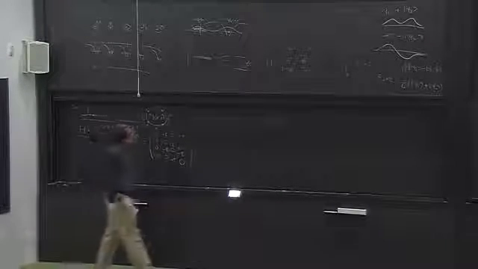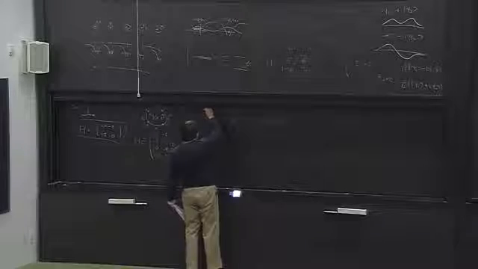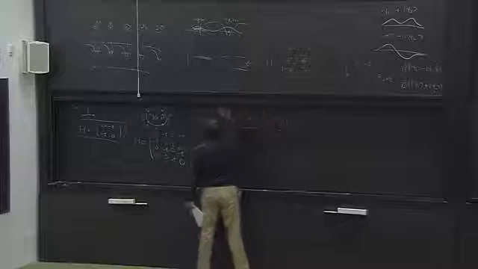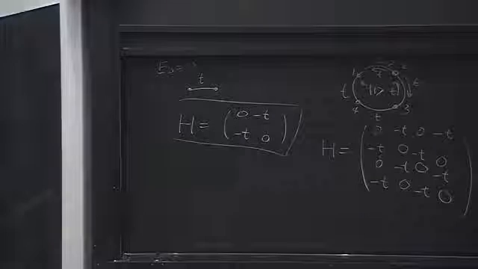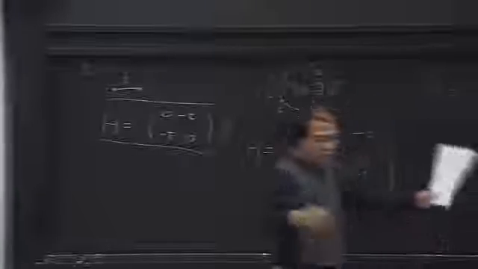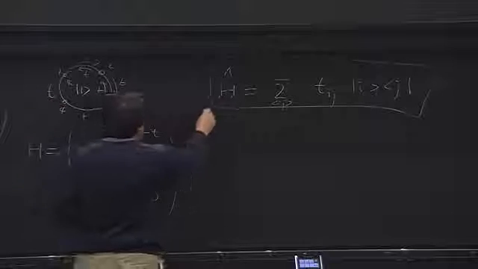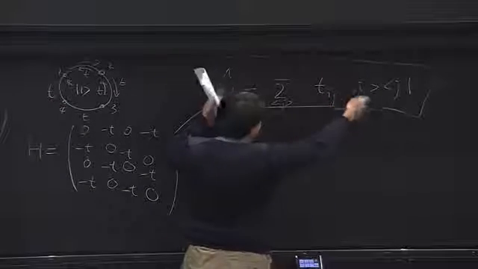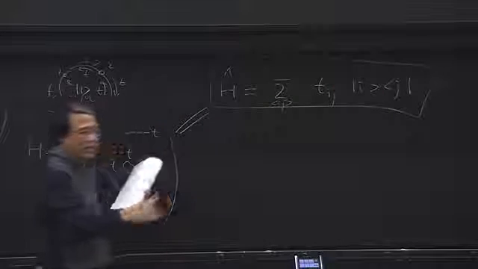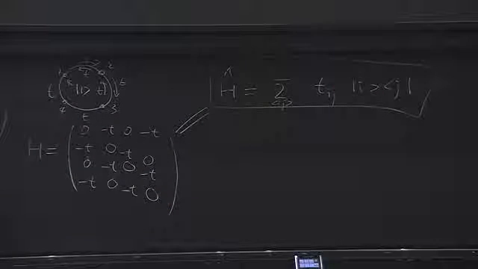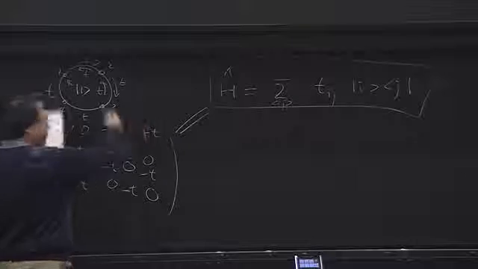So therefore, this is the particle hopping Hamiltonian. And t is the hopping amplitude between i site and j site, and we sum over these ij sites. Okay. So these two are actually the same. It's just that this is a more compact notation and works for any number of sites. And we don't want to write this big matrix all the time.